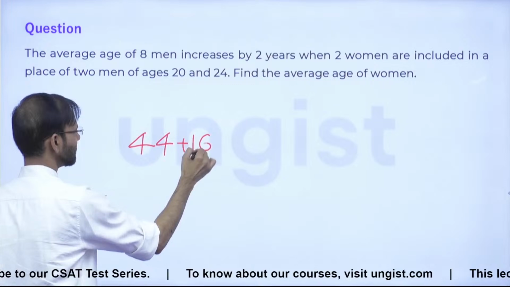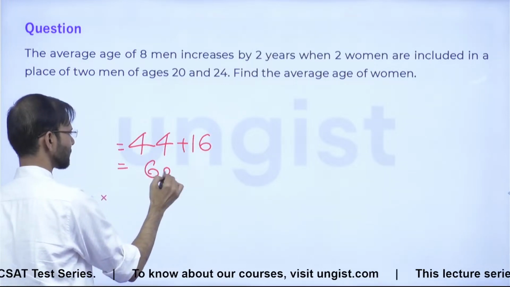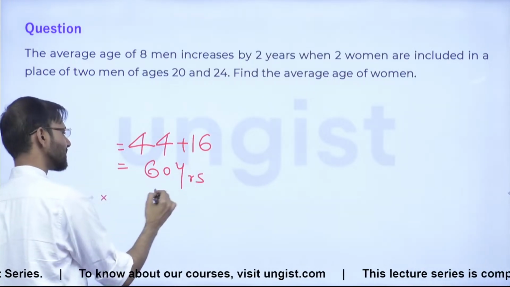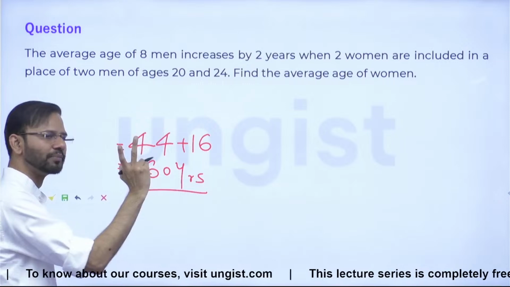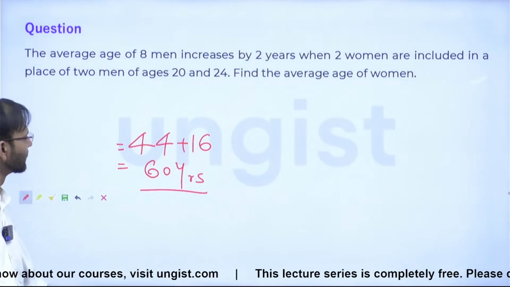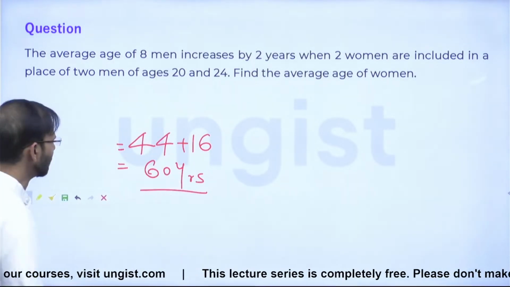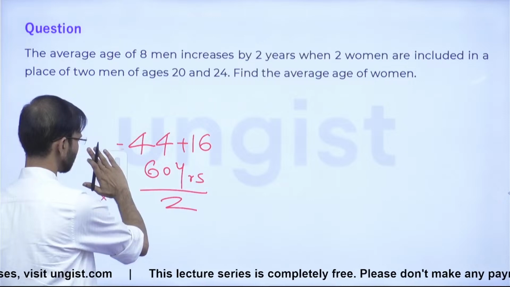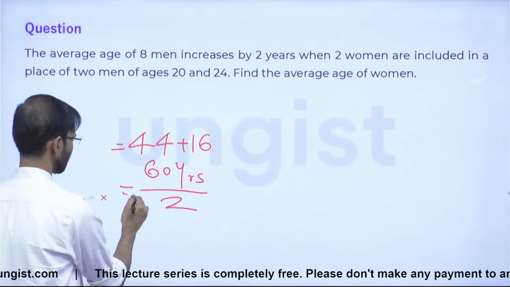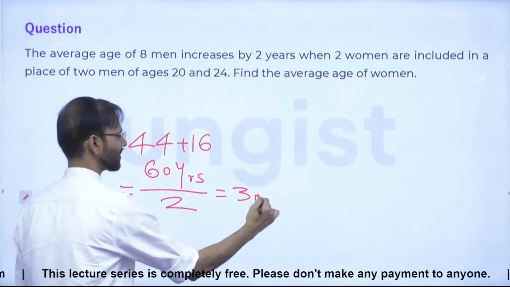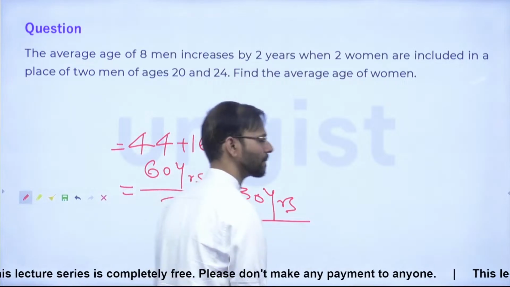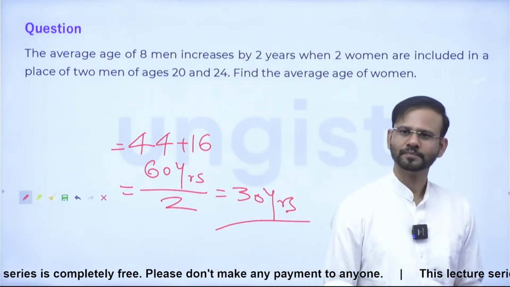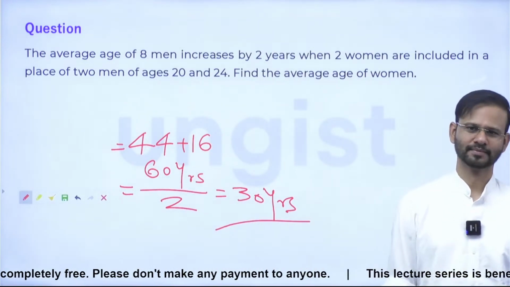Which is 60 years. 60 years is the sum of the ages of 2 women. Question is saying the average. Right? So the average is what? The average is 30 years. Guys, done? Right?